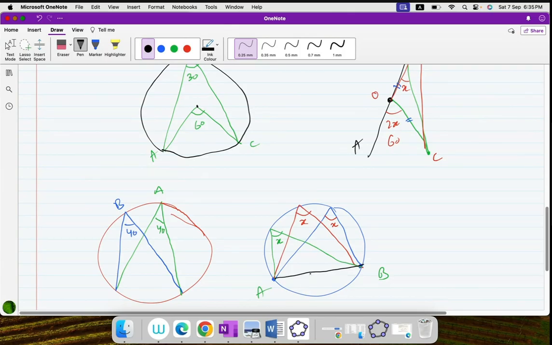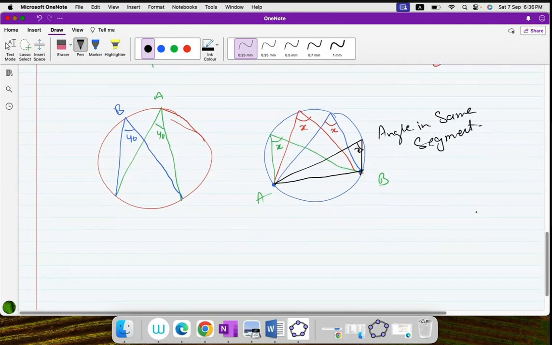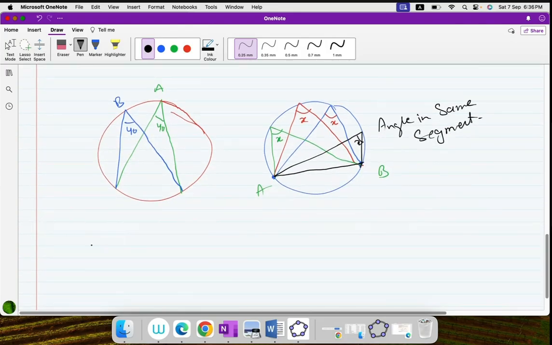These angles are on the same chord and we name them angle in the same segment. Let me know if you know the difference between these two: segment and sector.